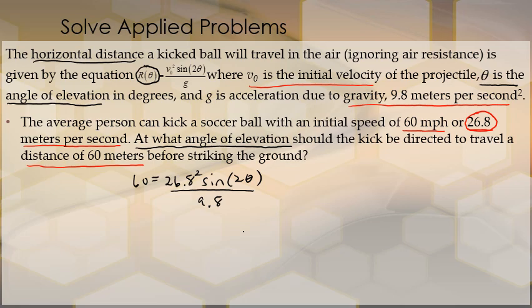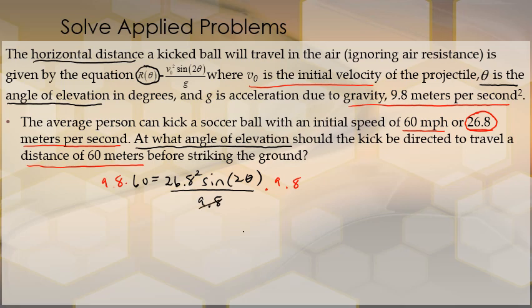So let's go through the process of solving for theta. Theta is inside the sine function. So before I can even talk about solving for theta, I need to get the sine function by itself. So I'm going to use some algebra here. I'm going to multiply each side by 9.8.